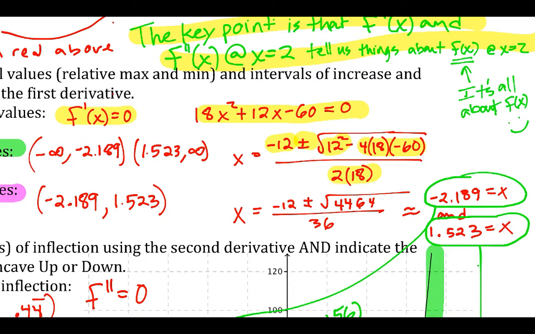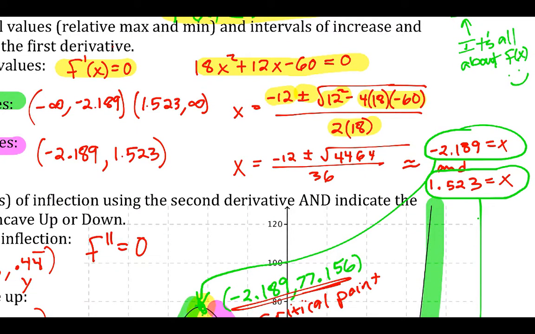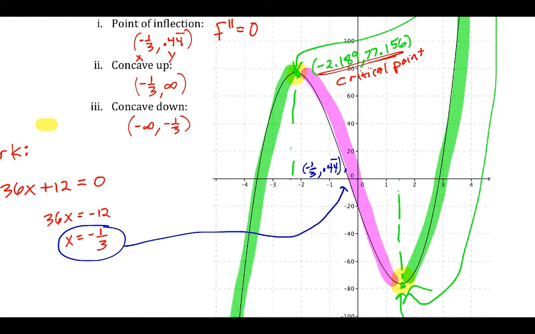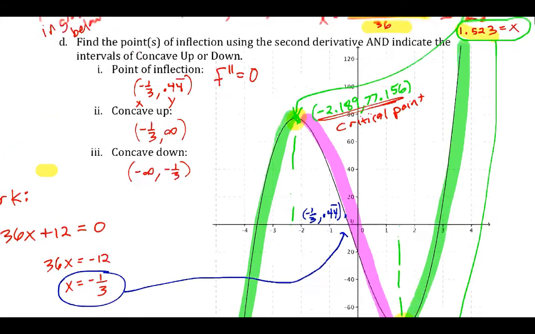Use your calculator to evaluate that. I did a little addition and multiplication there, and then plugged it into my calculator. I get negative 2.189 and 1.523. If you look at your graph here, those are the x locations of the peak and the valley, respectively.